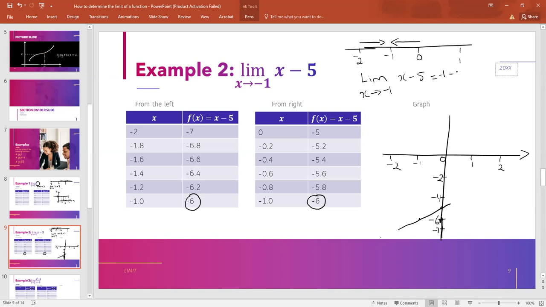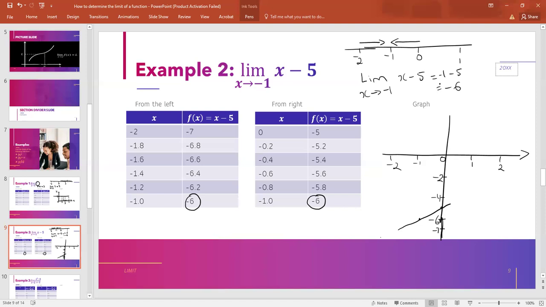So you have minus 1 minus 5, and the answer is equal to minus 6. This is how you evaluate the limit of a linear function. Wherever you have x, just replace by the point at which you're evaluating the limit, and you simplify to obtain the value of the limit of a function at that given point.